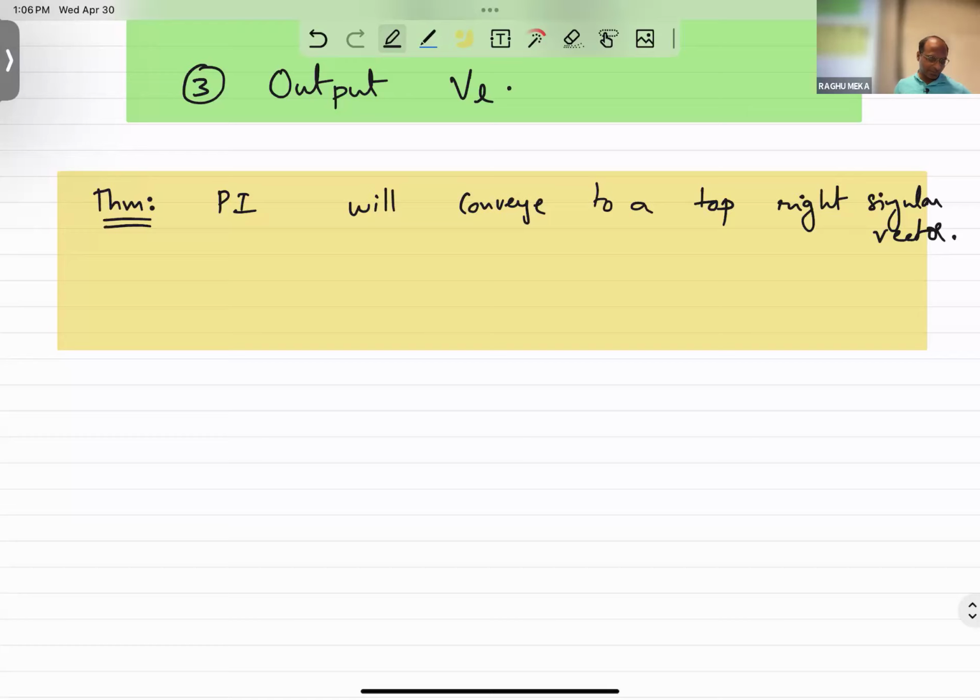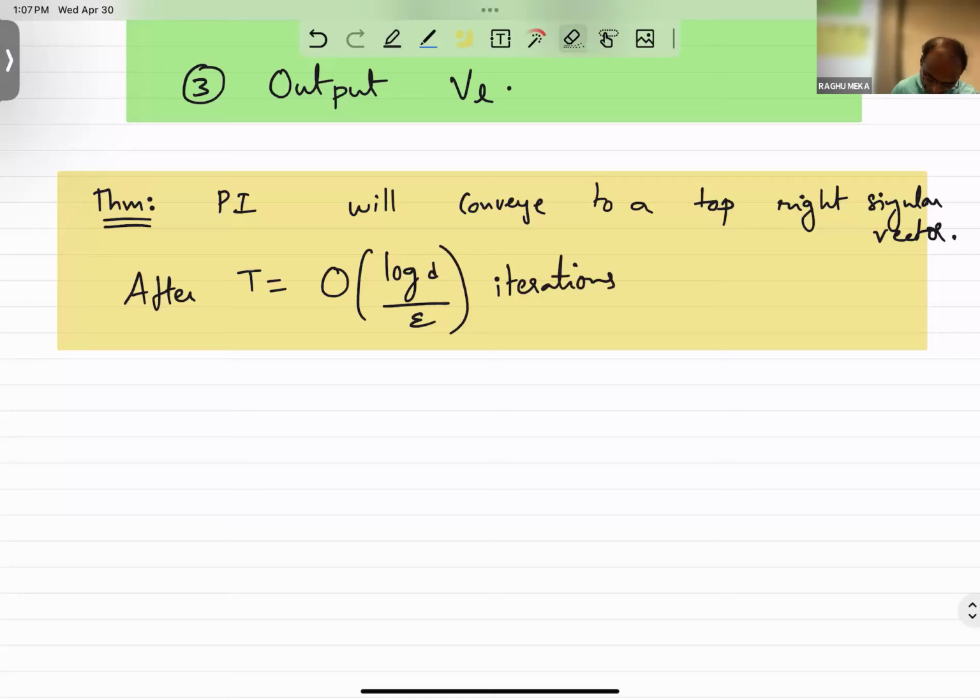Meaning, if I run it for roughly log of d over epsilon iterations, then we want to get very close to the first principal vector, first principal component, or first right singular vector, right?